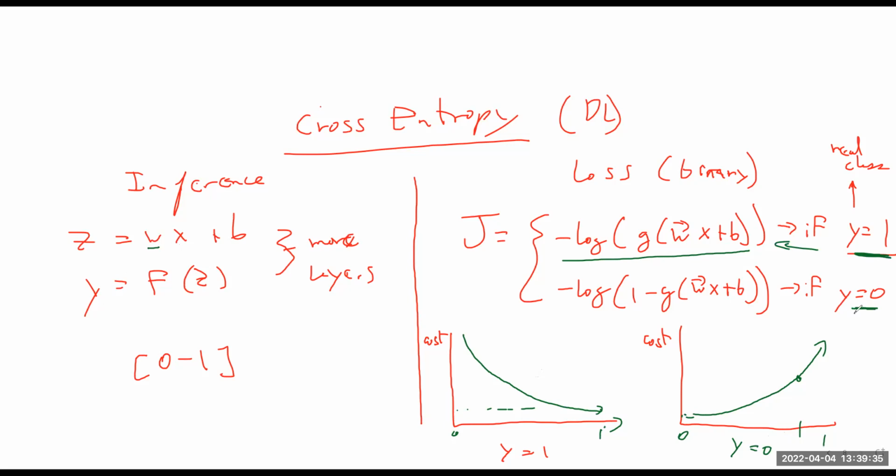If the real label is 0, you use this function. Basically, it's going to force the weights towards 0, and this one will force the weights towards 1, because this function starts to go down as the value increases, and this one starts to go up. Does that make sense?